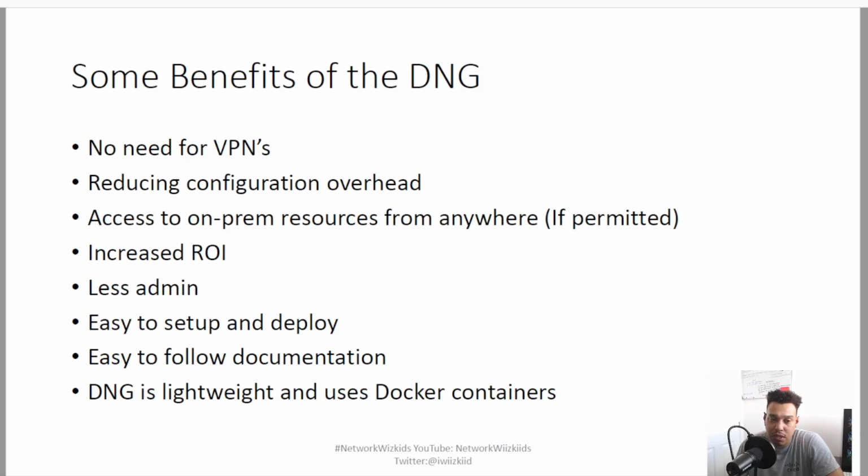We're still using HTTPS to establish that connectivity from outbound to the DNG, and then from the DNG we essentially proxy that request to the resource, so that the outside user doesn't connect directly to internal resources.